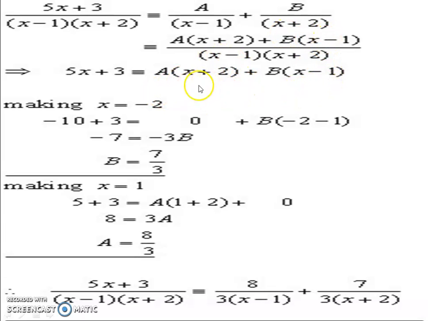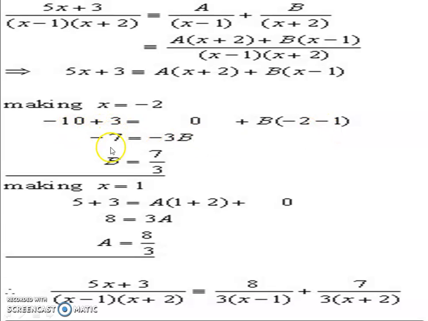First step, we put x equal to minus 2, because x plus 2 is equal to 0. So 5 into minus 2 gives minus 10, plus 3 remains the same. Capital A into (minus 2 plus 2) gives value 0, and 0 into anything is 0. Plus capital B remains the same; instead of x we put minus 2, so minus 2 minus 1 is minus 3.